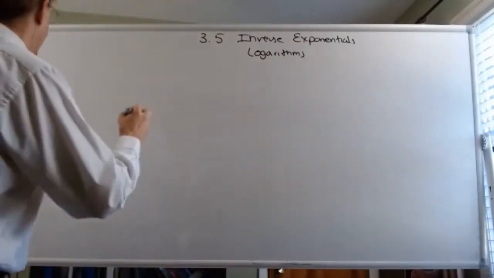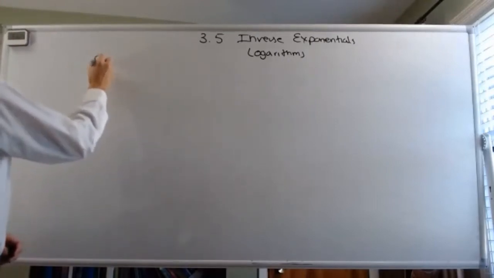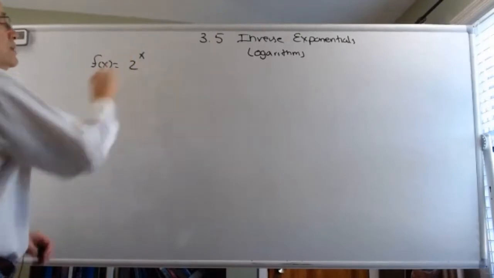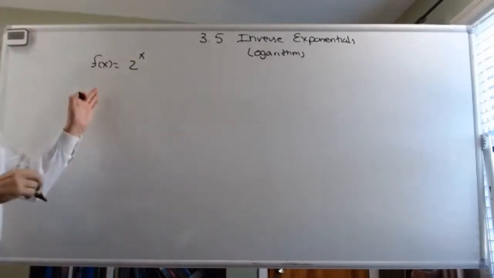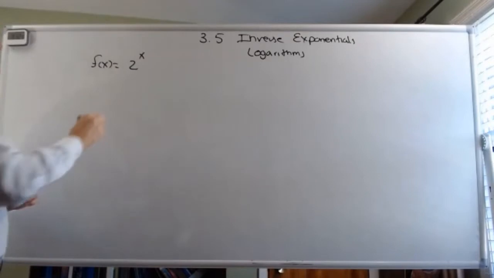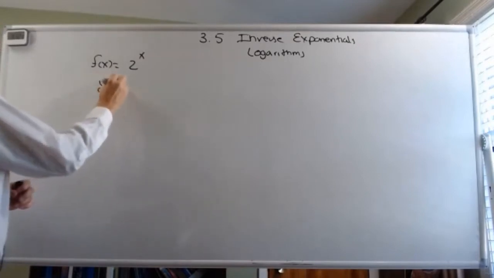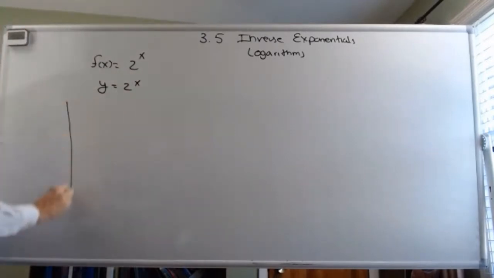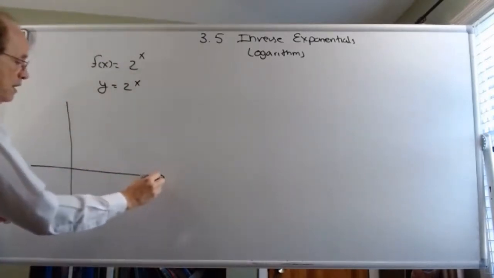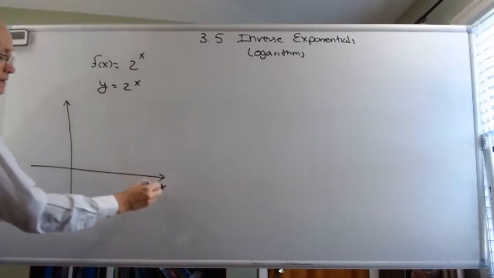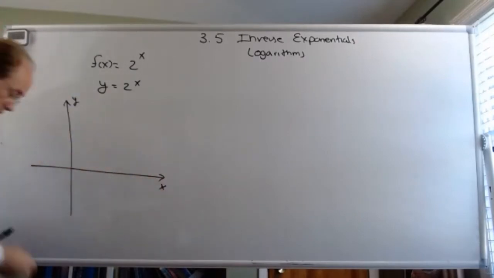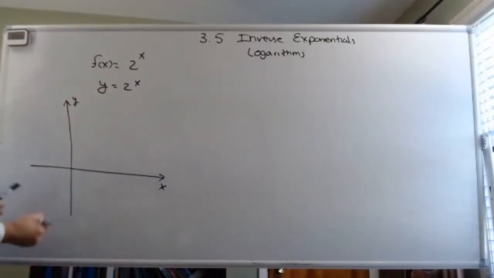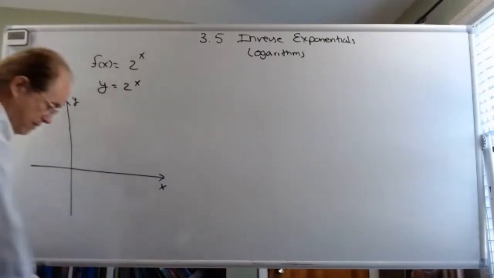Let's recall. Let's start with our function f of x as an exponential. Let's just start with 2 to the x. Remember, to find the inverse function, we did one simple thing. We set this equal to y. And to find the inverse, you're actually swapping the x and the y coordinates. Here's my x, there's my y, and look at the line y equal to x.